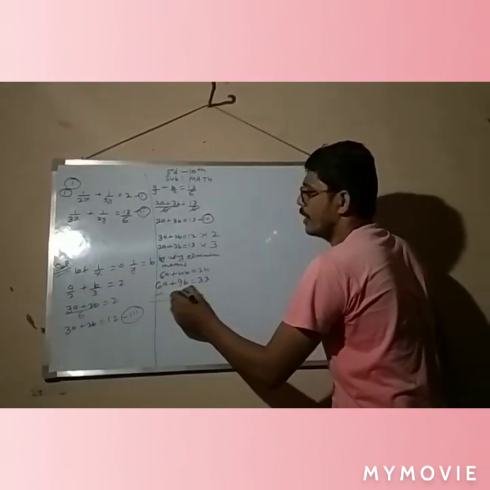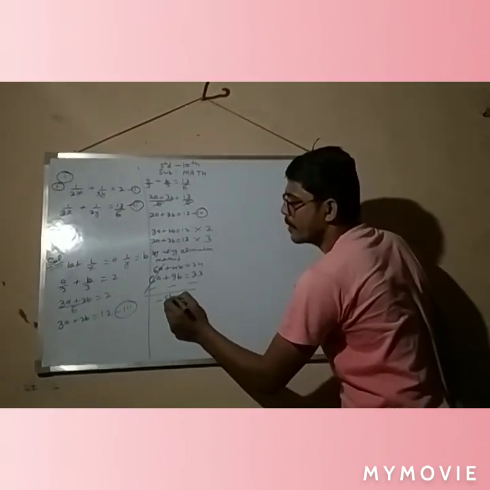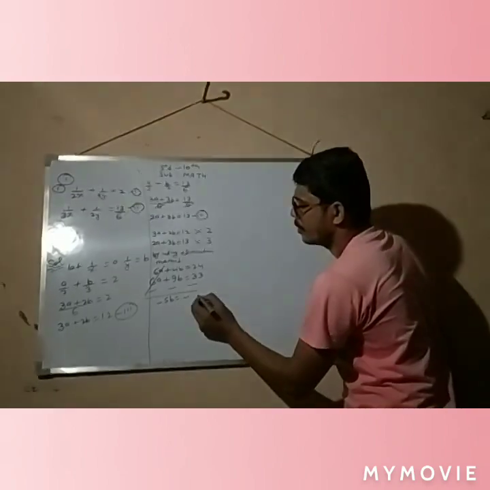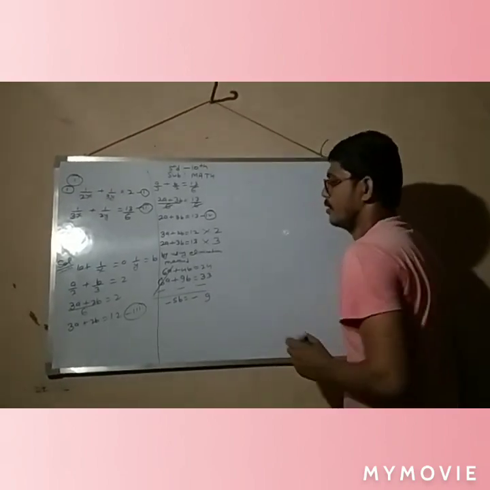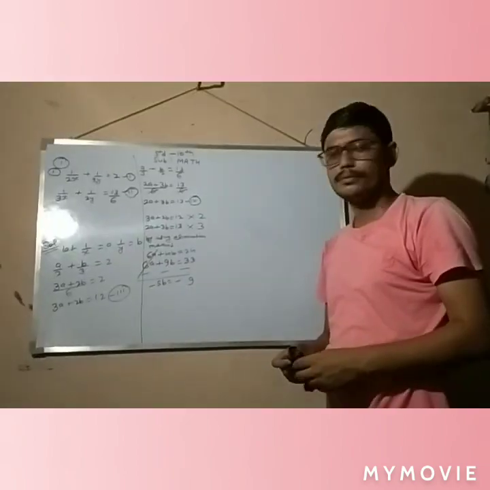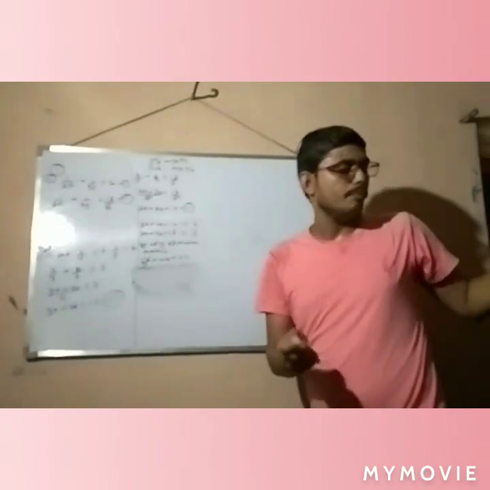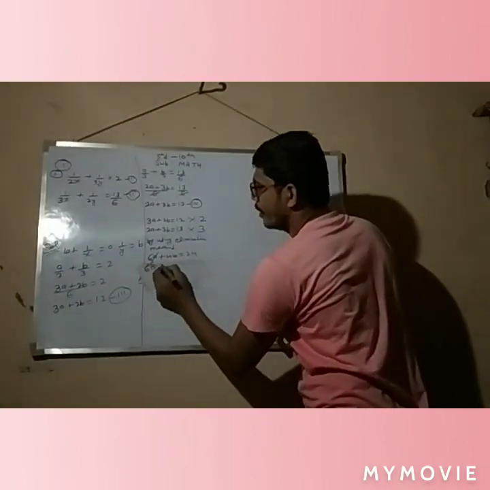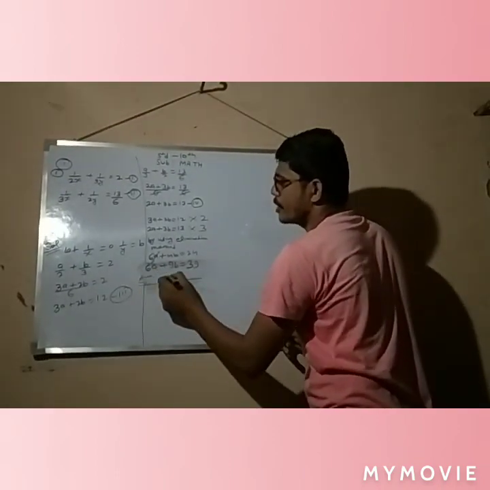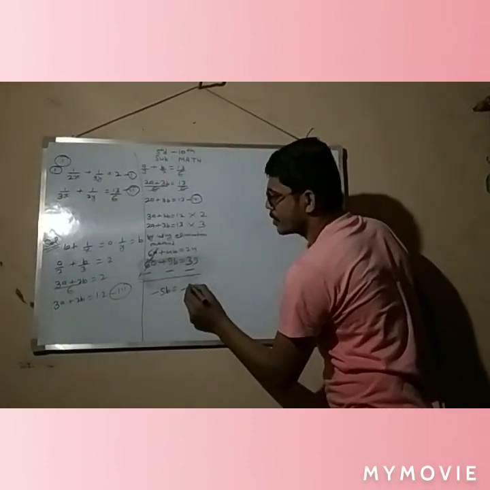Now this positive, negative, negative. Cancel out here. So we can write, here minus 5b is equal to 24 minus 39, which is minus 15.